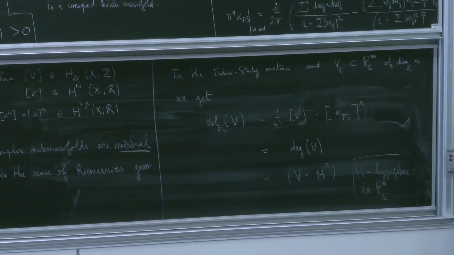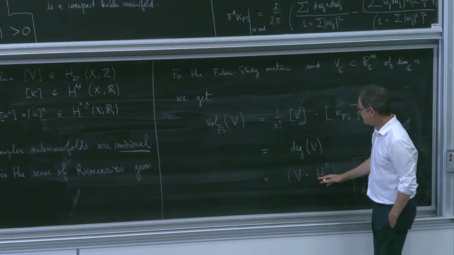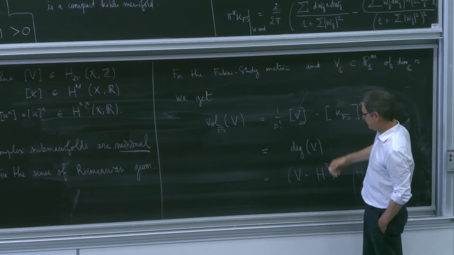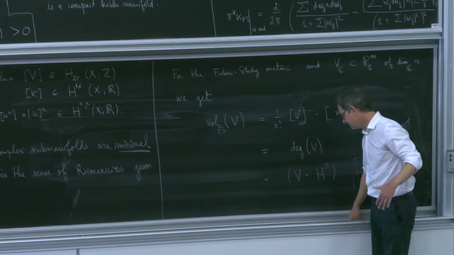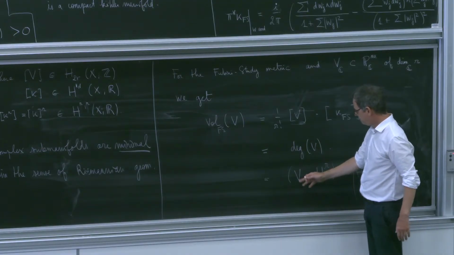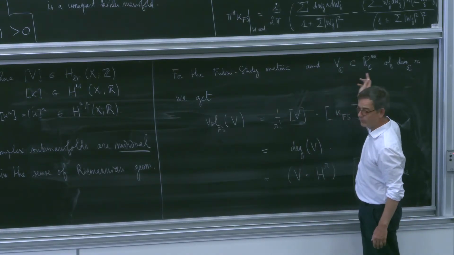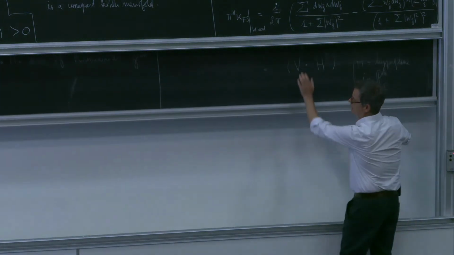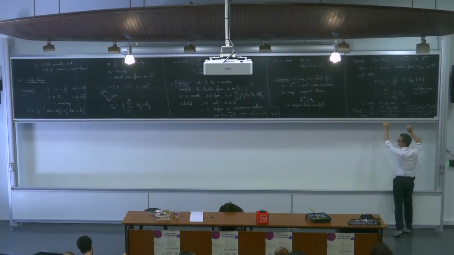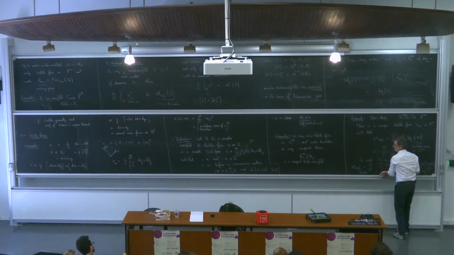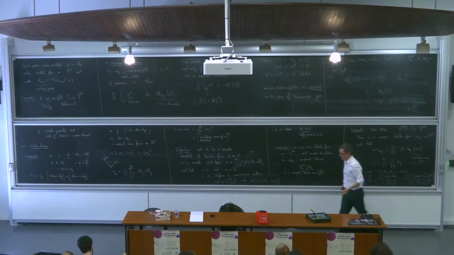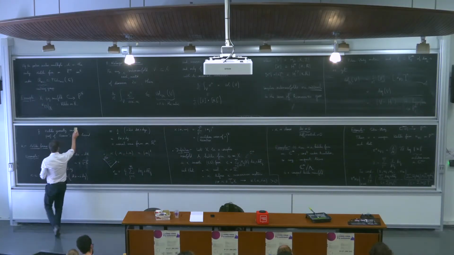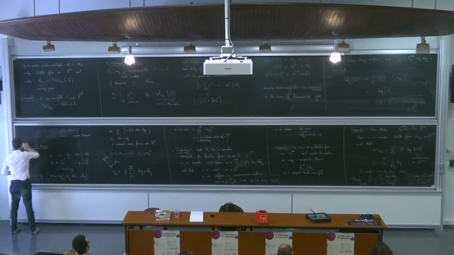You can think about it as a topological intersection product or as the intersection product which has been used last week and this week. But then I have to say that V is algebraic, which is automatic. Okay, so this was the first important tool from Kähler geometry.